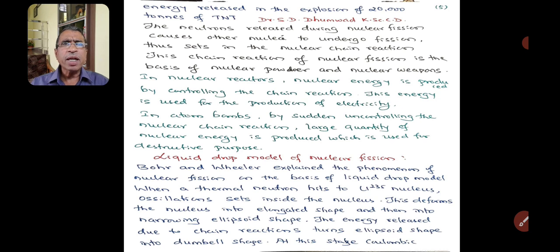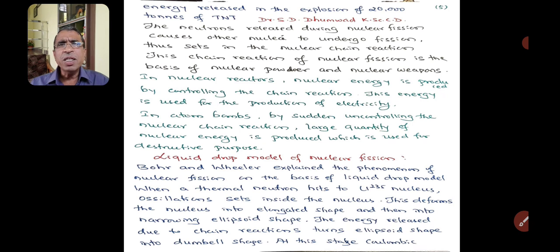In nuclear reactors, nuclear energy is produced by controlling the chain reaction. This energy is used for the production of electricity. In atom bombs, by suddenly uncontrolling the nuclear chain reaction, a large quantity of nuclear energy is produced, which is used for destructive purposes.